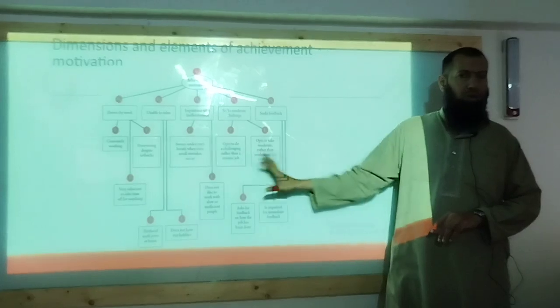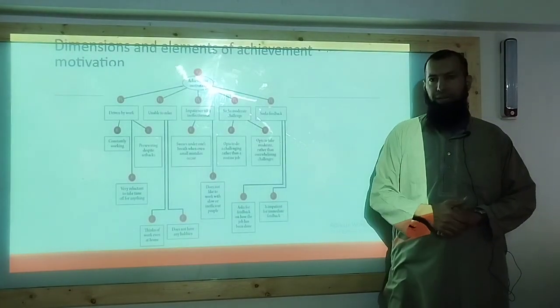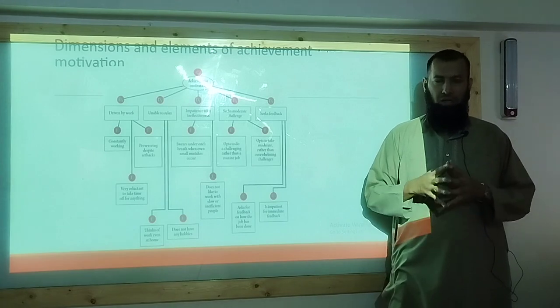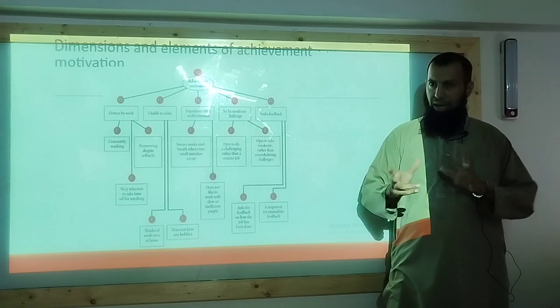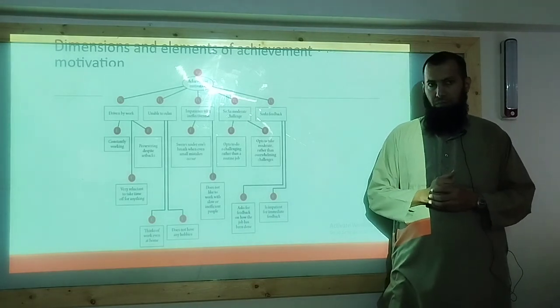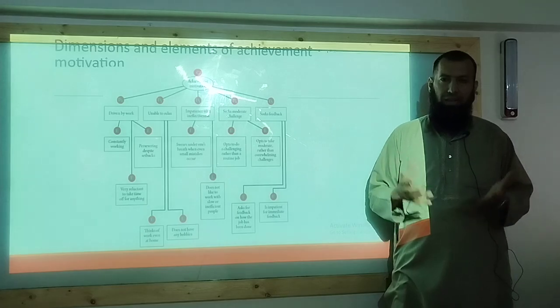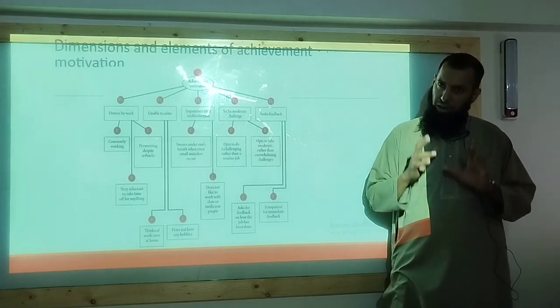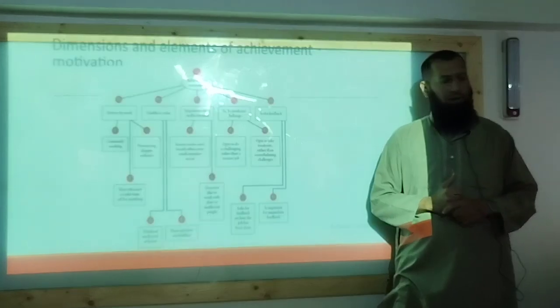So that's how you operationalize the variable. It seems pretty easy, but actually it requires a lot of deliberation on your part. If you are really interested in understanding the relationship between the variables, then you need to operationalize the variable the way it should be. Very important.